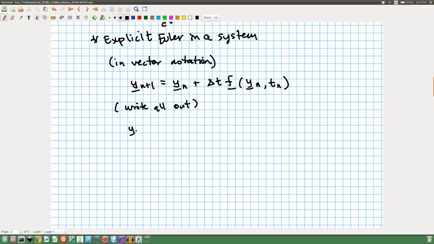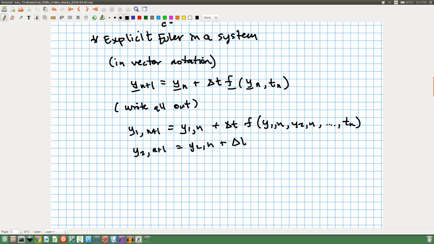So we'd have y1 at n plus 1 is y1 at n plus delta t f of y1 at n, y2 at n, dot dot dot, t n. And then y2 at n plus 1 is y2 at n plus delta t f of y1 at n, y2 at n, dot dot dot, t n.